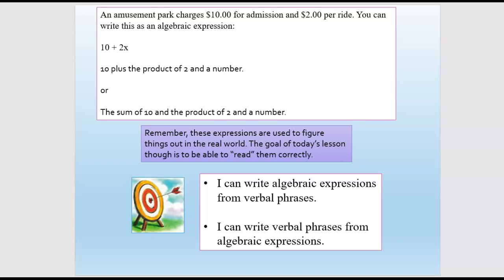That's basically it. There's a reminder of the learning targets. So there's our warm-up. You could actually read this as 10 plus the product of 2 and a number. Or you could flip it around like this, 2x plus 10. You could say 10 more than the product of 2 and a number if you wanted to.